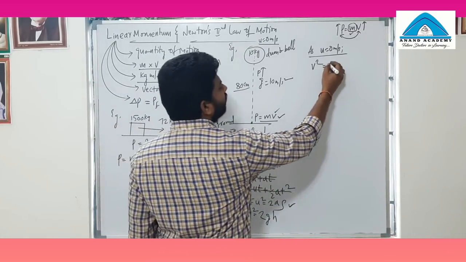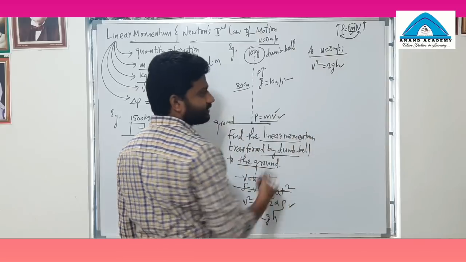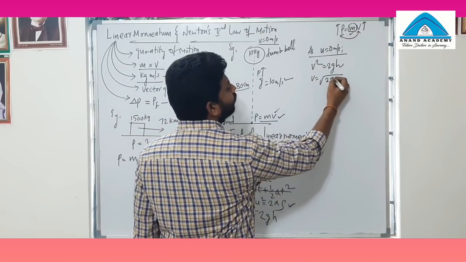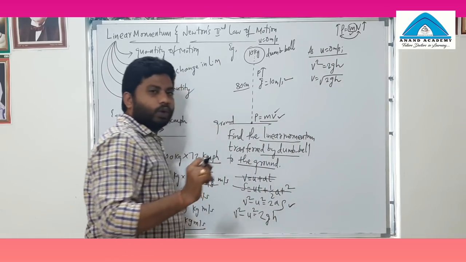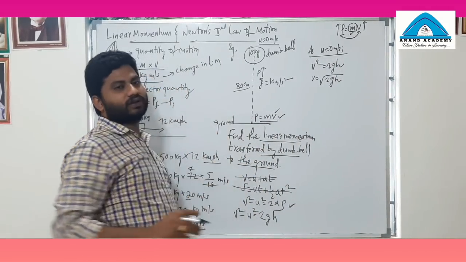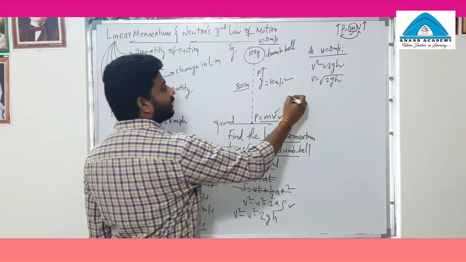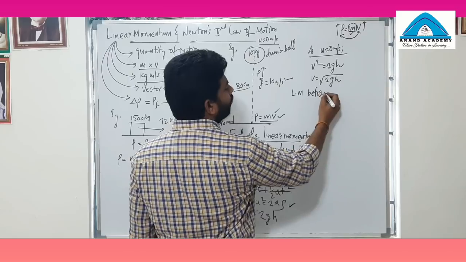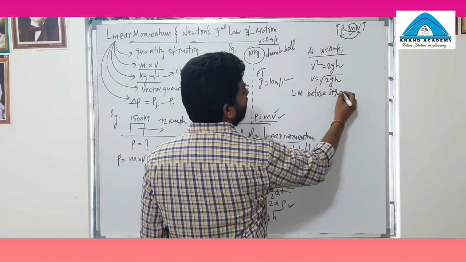So V square is equal to 2GH. From here, V is equal to square root of 2GH. Our aim is to find the linear momentum just before striking the ground. So I am writing here, linear momentum before striking the ground.